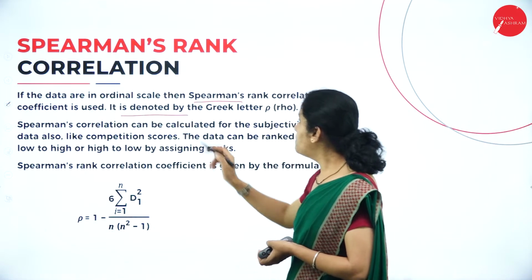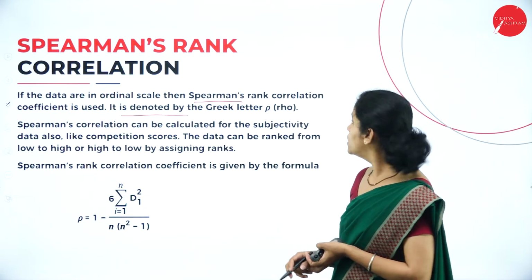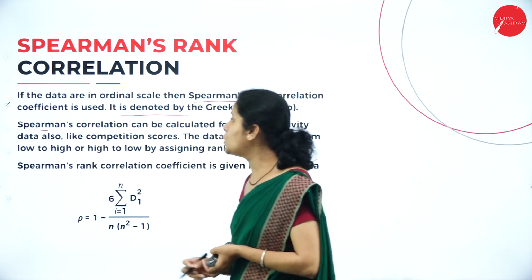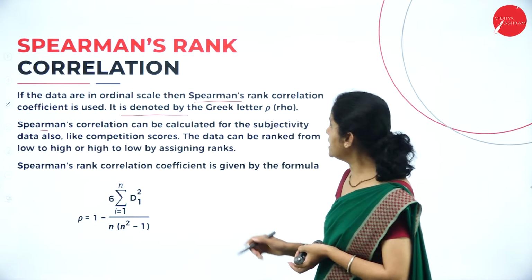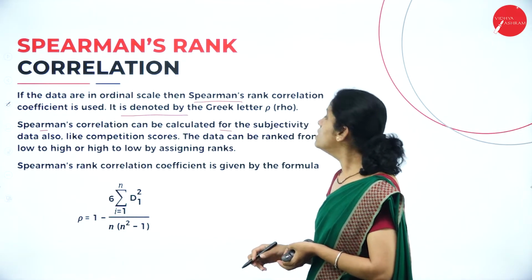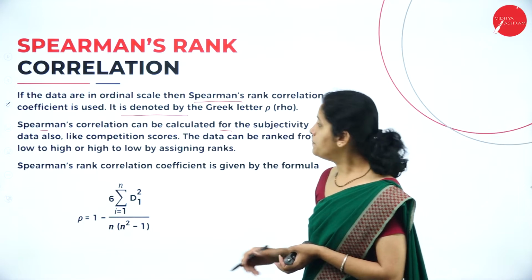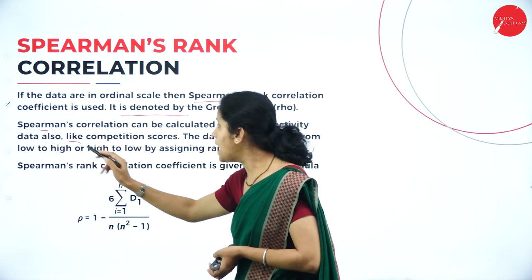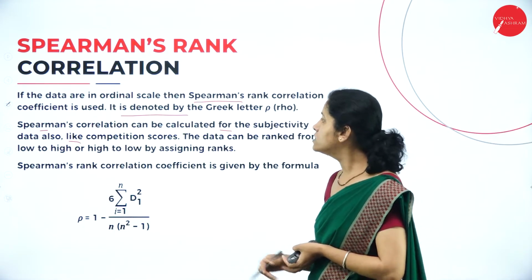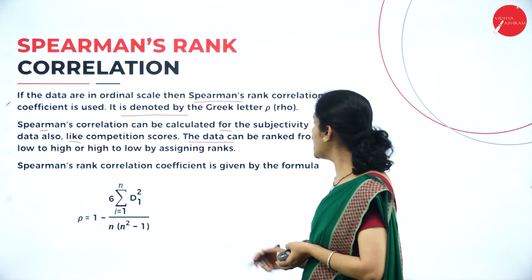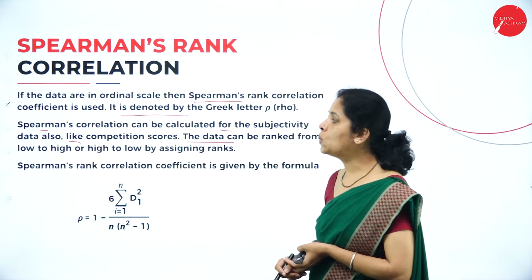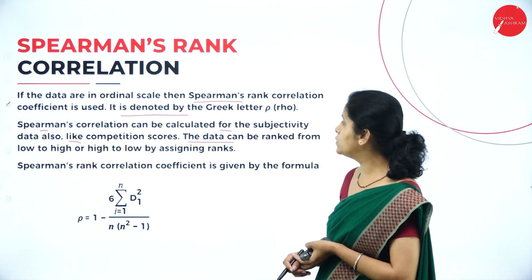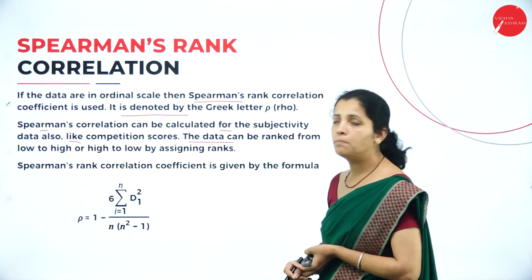It is denoted by the Greek letter rho. Spearman's correlation can be calculated for subjective data also, like competition scores. The data can be ranked from low to high or high to low by assigning marks.